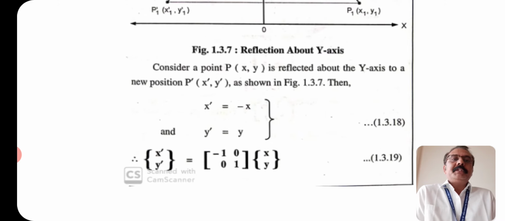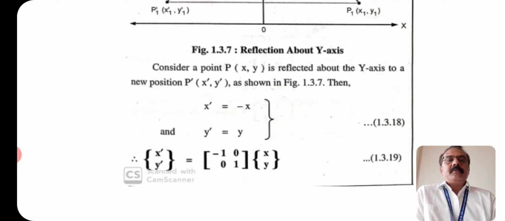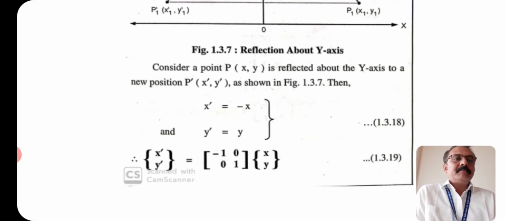Therefore the new position is achieved. [x' y'] is equal to the mirror matrix or reflection matrix about y-axis, which is [-1 0; 0 1], into the original matrix. Therefore the new position is achieved by just multiplying the original matrix to the reflection matrix about y-axis.